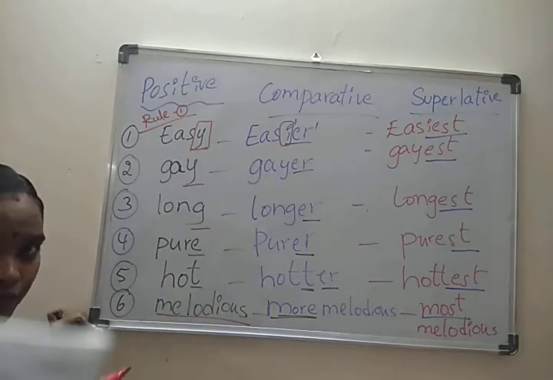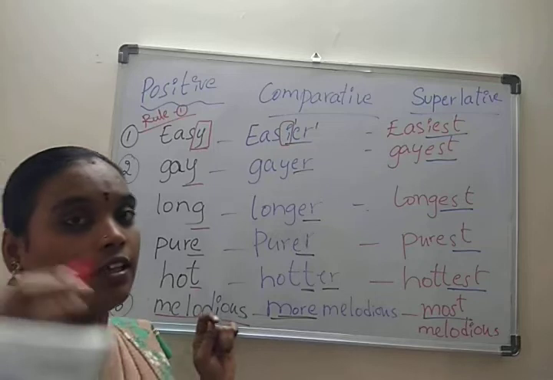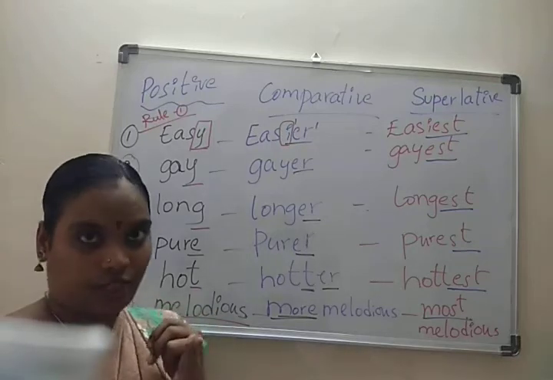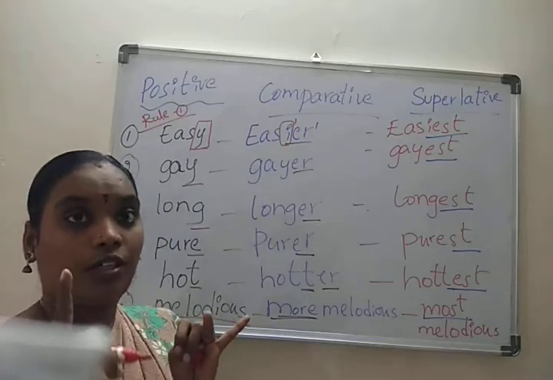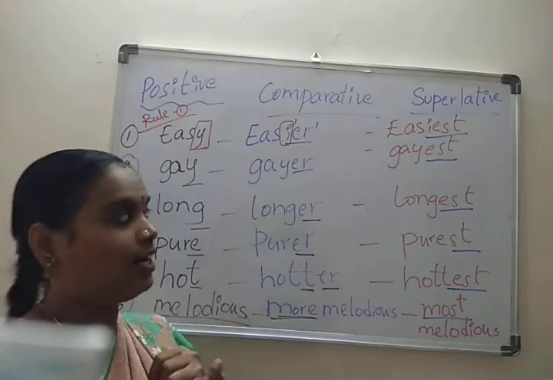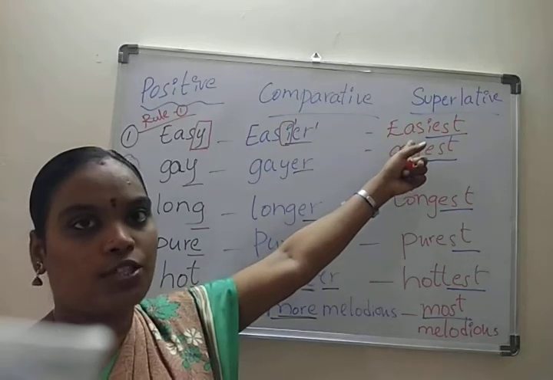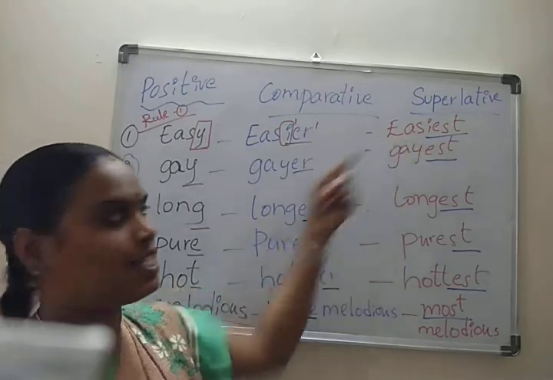Whenever you are writing the word, first check whether it ends in a consonant or not. And if it is a consonant, Y changes into I and add ER. Same thing in the superlative form, IEST.